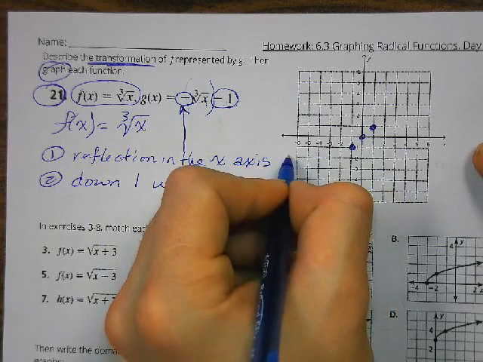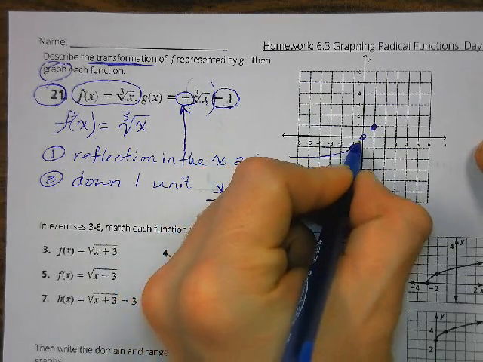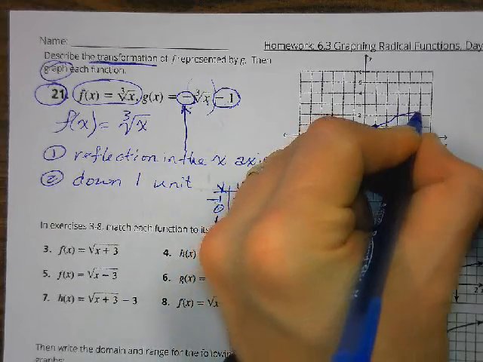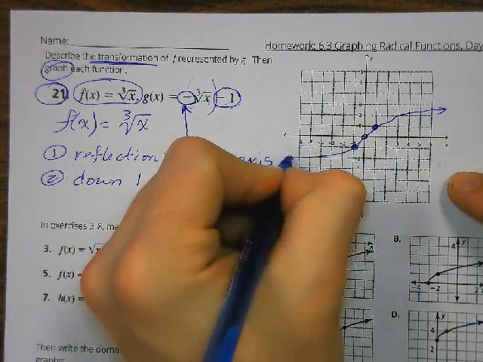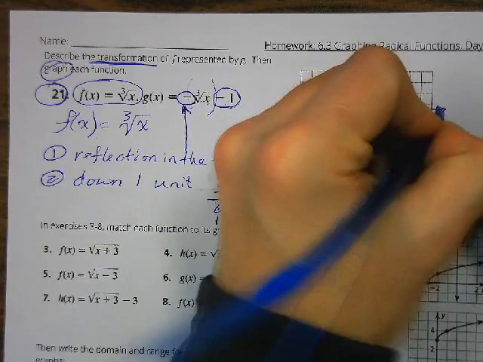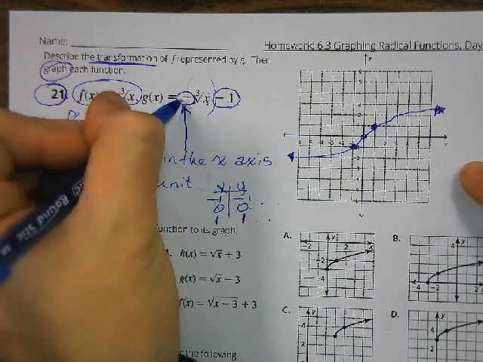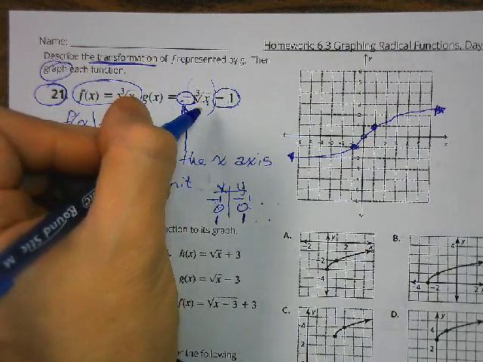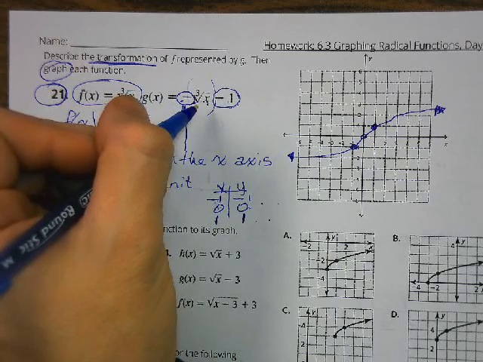The next function that you're going to graph is negative cube root of x minus 1. When you do that, you can always just pull up your table by pressing Control-T on the Inspire, and you're going to get your 3 coordinate points. The first one that you've got is negative 1, 0.